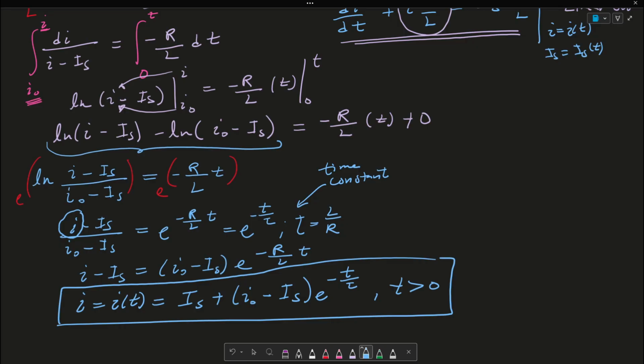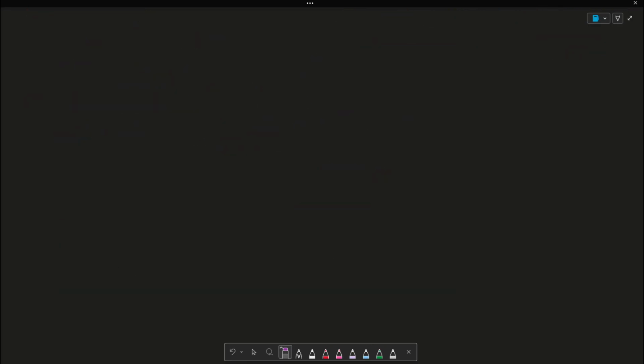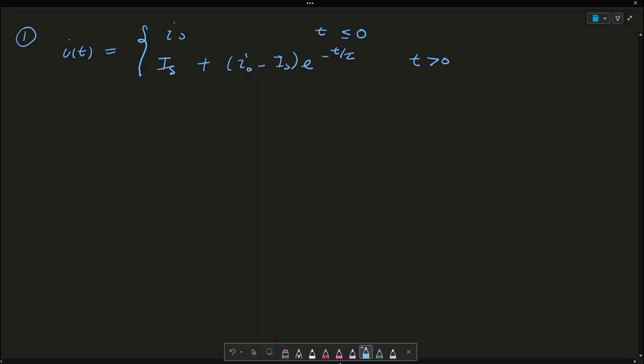So then now let's go ahead and rewrite this in a more clear manner. So therefore, to write this clearly, I'm going to say then that I of t is equated to this I0, again for t less than or equal to 0, and then is plus (I0 minus is) e to the minus t over tau for t greater than 0.